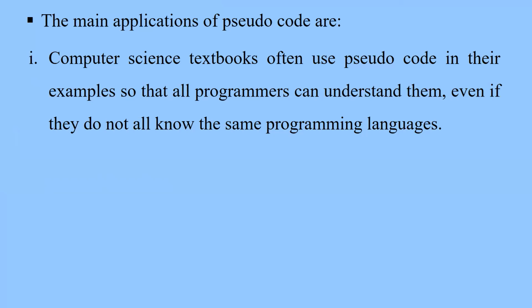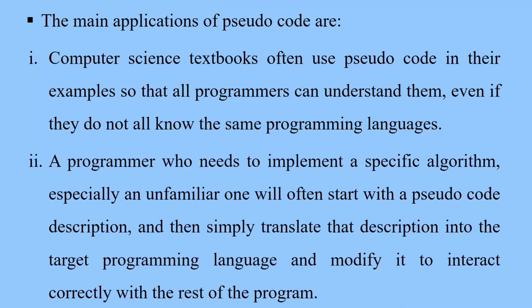Because different programmers are specialized in certain programming languages, when writing books, instead of restricting themselves to a certain programming language or syntax, writers just write down the algorithm in the form of pseudocode that can be understood by everyone.